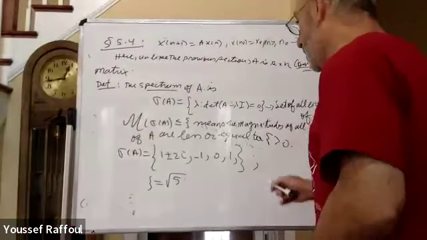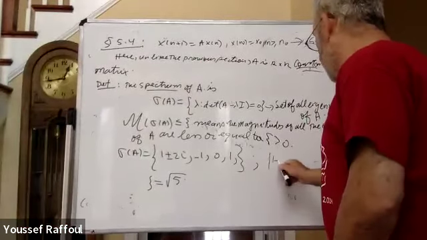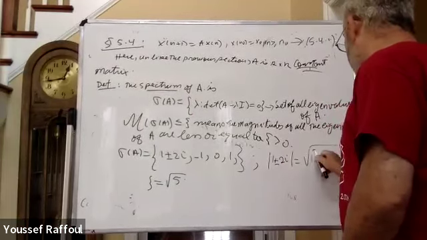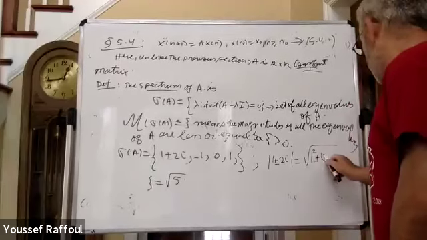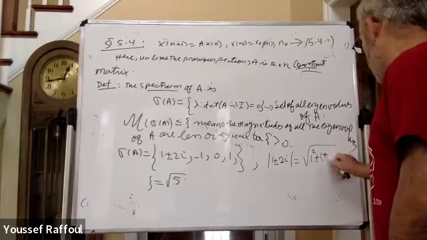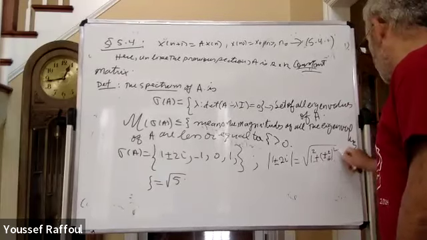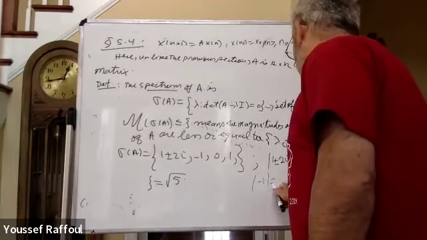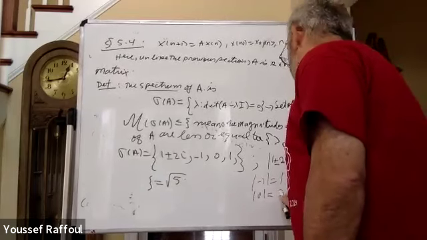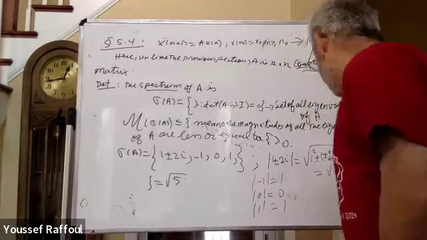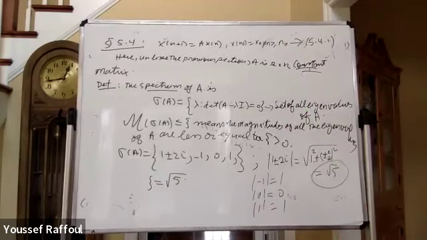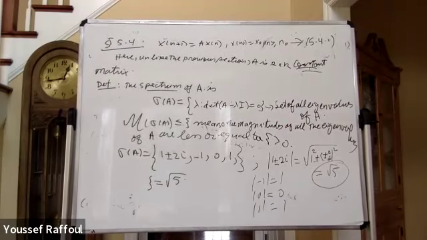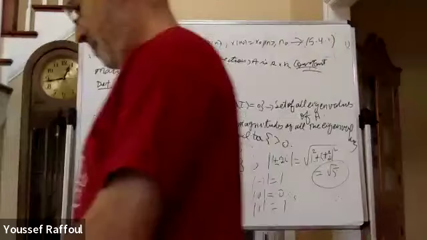Because the magnitude of 1 plus 2i is the square root of 1 squared plus 2 squared, that is square root of 5. The magnitude of minus 1 is 1, magnitude of 0 is 0, magnitude of 1 is 1. So what is the biggest one of them? It is square root of 5, this one, okay?